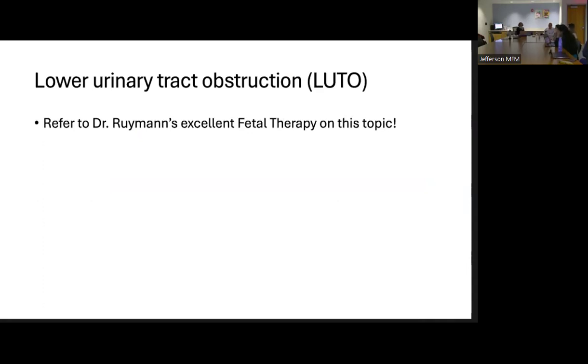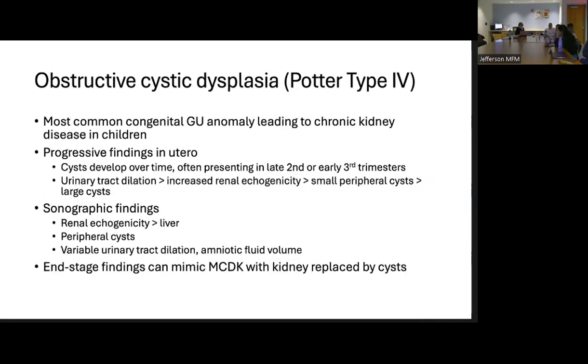Yes. So LUTO was on our differential. Dr. Ryman had an excellent fetal therapy talk on this a couple weeks ago, so I'm not going to go into that. But that should be on there. Obstructive cystic dysplasia is also called Potter type 4. This is the most common congenital GU anomaly that leads to chronic kidney disease in children. The findings are progressive in utero, so essentially cysts develop over time. It often presents in the late second or early third trimesters. So you see urinary tract dilation as your first finding, then you're going to see increased renal echogenicity, then you'll see small peripheral cysts, and then these turn into larger cysts.